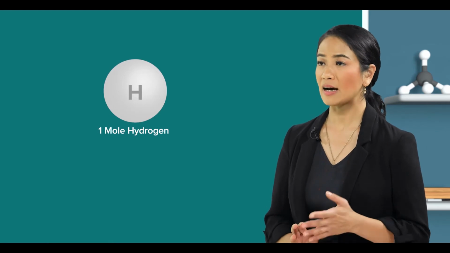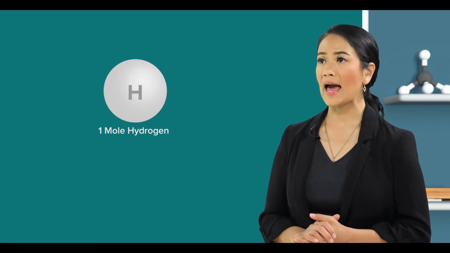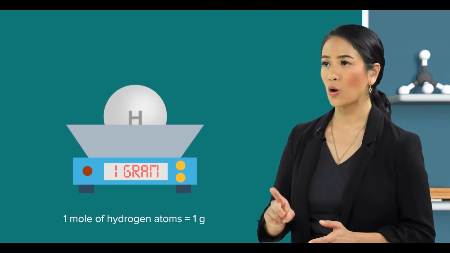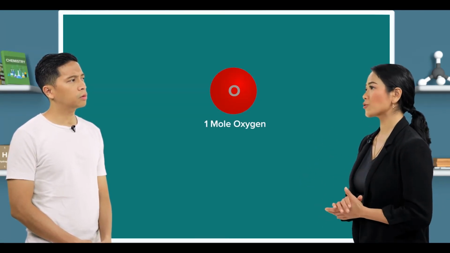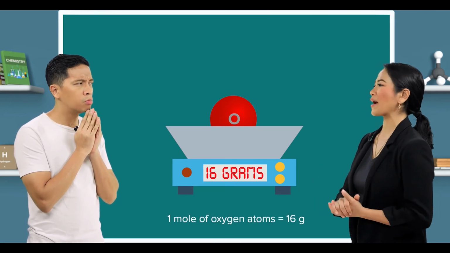Yes. Okay, so 1 mole of hydrogen would contain the Avogadro constant amount of hydrogen atoms, and if placed on a weighing scale, that scale would show 1 gram. Likewise, 1 mole of oxygen would contain the Avogadro constant amount of oxygen atoms, and if placed on a weighing scale, that scale would show 16 grams.